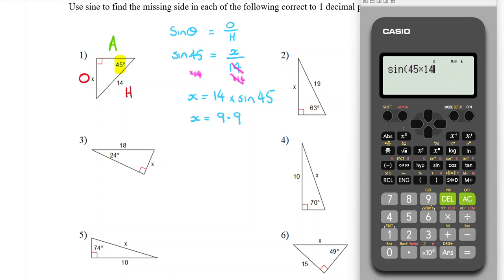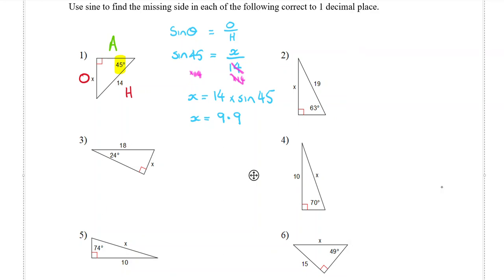Because what your calculator thinks is that because I put the 14 at the end, it thinks that all of that is putting the 14 in with my angle, which it shouldn't be. Okay, so that's understanding your calculator. Just if you put it in front, it saves it. Alright, so that 9.9, let's practice that a few more times, and there is one more trick that's going to come up.